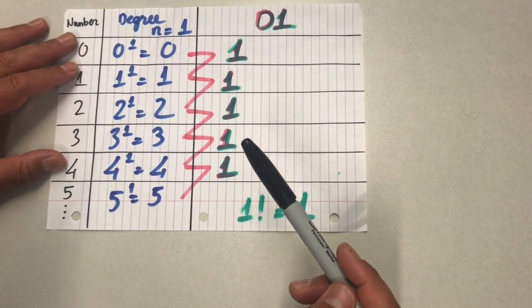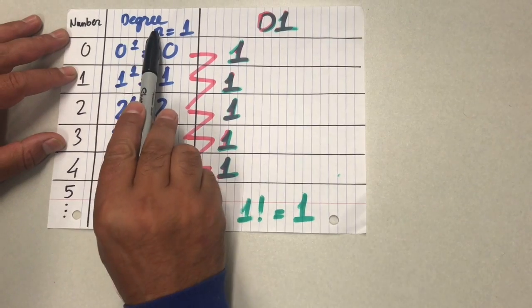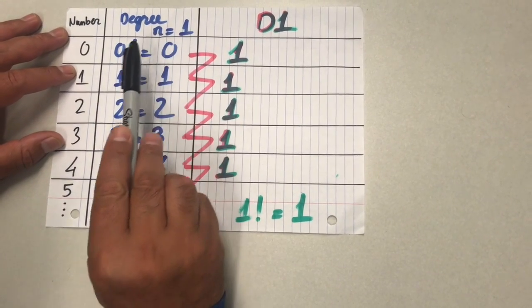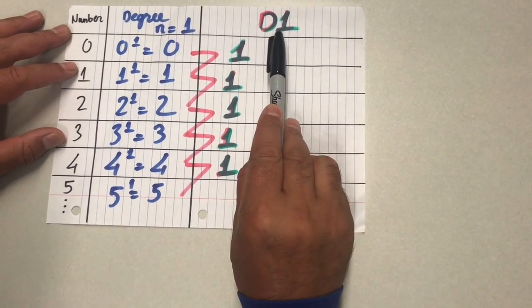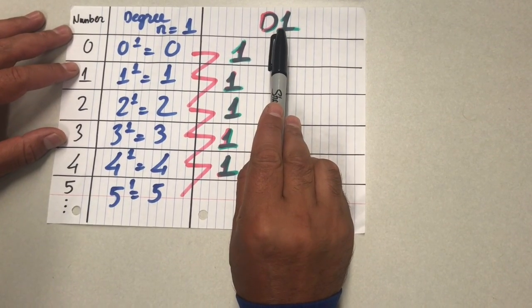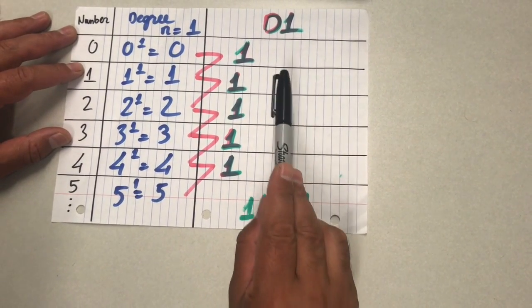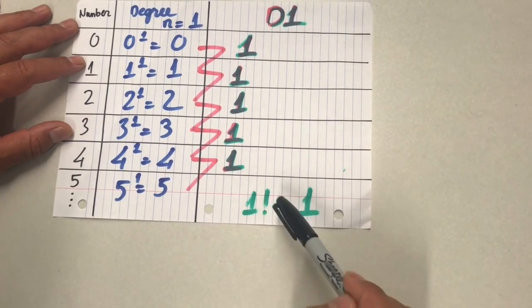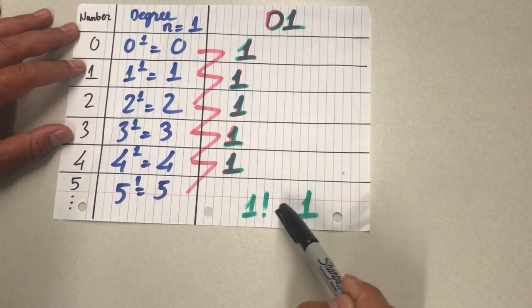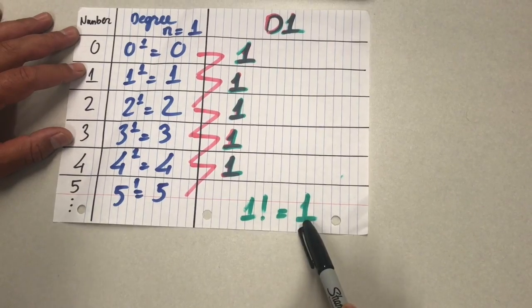It means when the power of n is 1, there is going to be one difference until I get to my common difference. I call it the factorial difference of 1, which is 1. In other words, 1 factorial is 1.